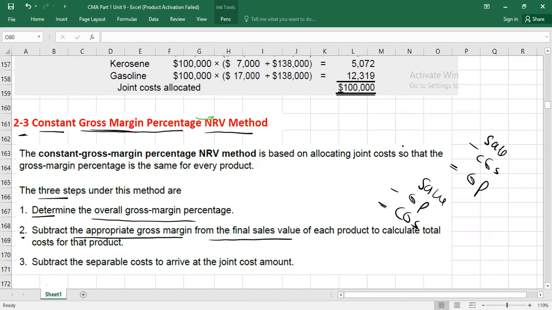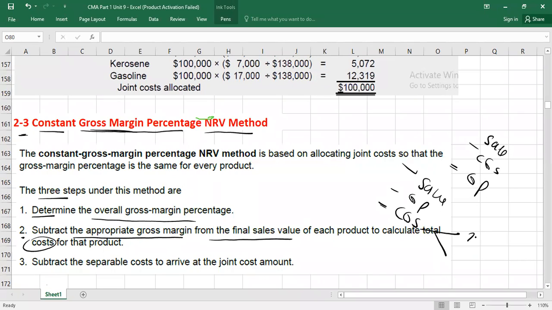Understood? So this is what they're saying. In second step, I'll take sales less gross profit. So I will reach to the total cost value. Total cost means the cost of goods sold, I assume. Then from the total cost, for example, this total cost will include 2 costs.